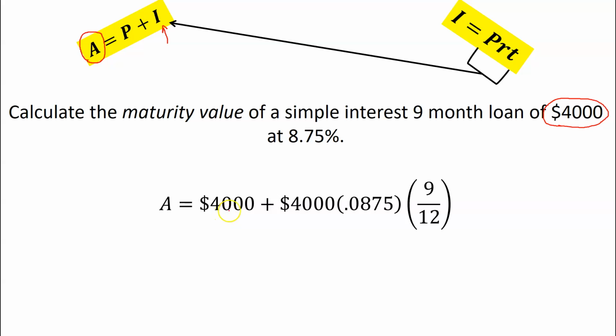Now I'm going to show you something here, and I want you to remember this, because you're going to see this version of what I'm going to do here many times over. If we factored out the $4,000, the principal, then the amount is going to be that $4,000 times 1 plus the interest rate times my fractional unit of time.